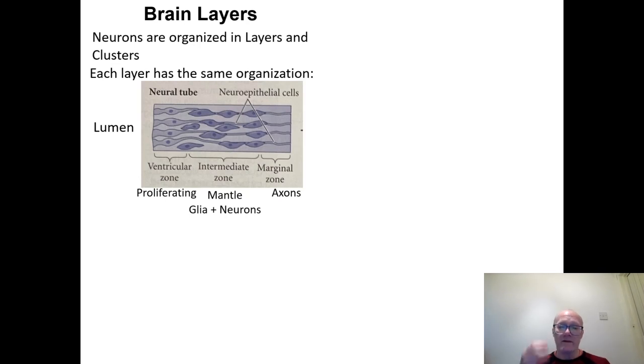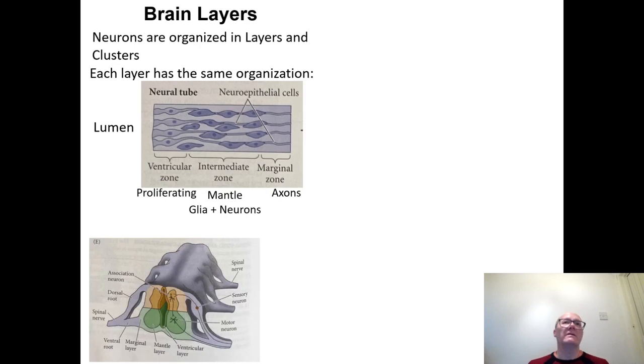It is called white matter when people look at the brain because it is not rich in somas of neurons. This is in contrast to the mantle zone, which is rich in somas of neurons, and is often referred to as the gray matter.